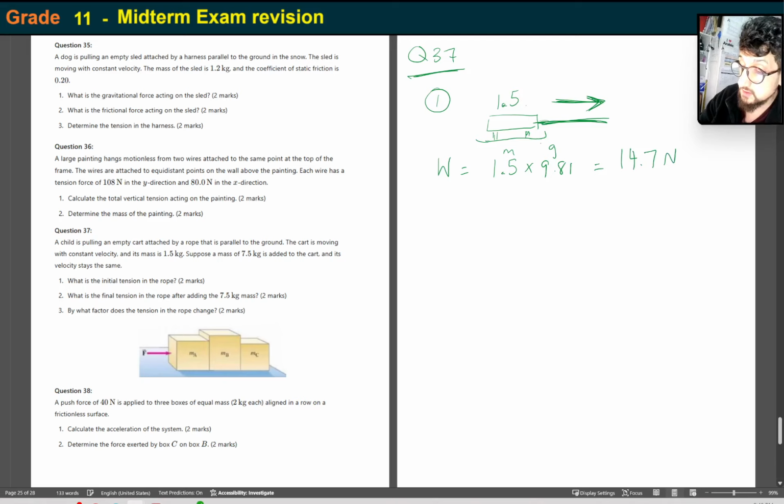So that's basically what the tension is going to be. It's going to be equivalent to the weight, more or less, in this hypothetical scenario with no friction forces whatsoever.